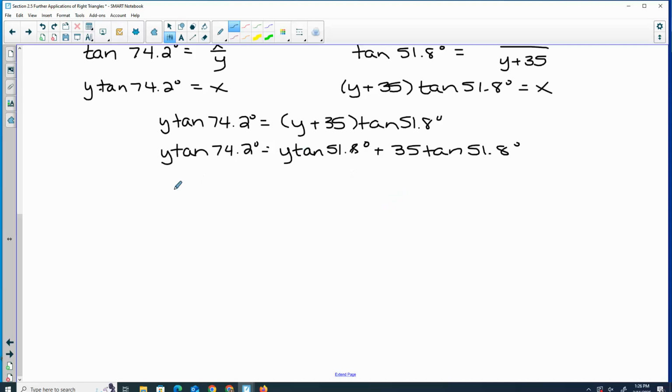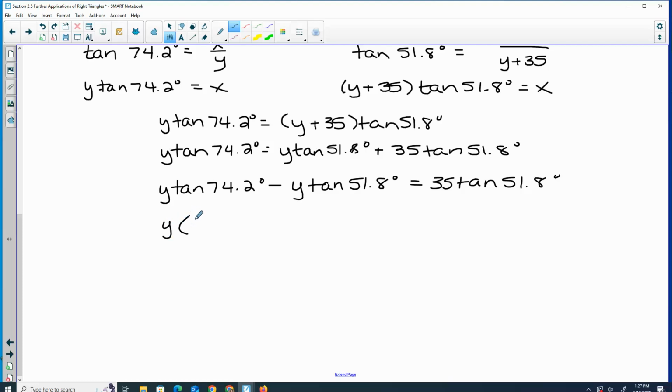Subtract over the y tangent 51.8. Unfortunately, these aren't like terms, but what we can do is take out the y.